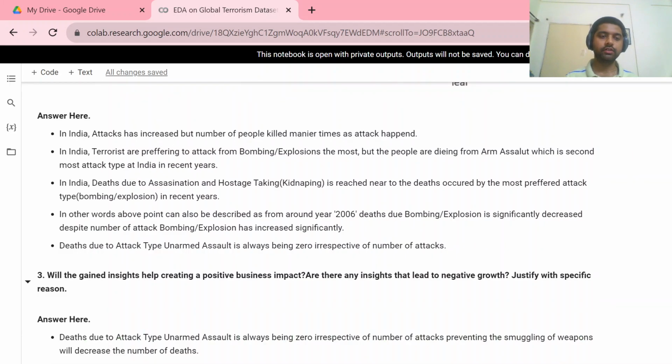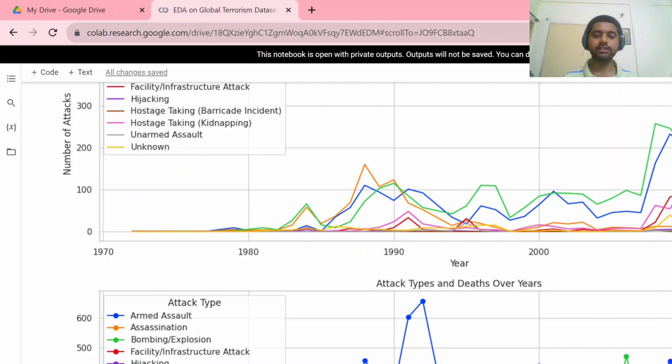The insight we found is that in recent years terrorists in India have preferred bombing, but from 2006, for attacks due to bombing, the security forces have managed to save the lives of people, and deaths have significantly reduced, as we can see here.